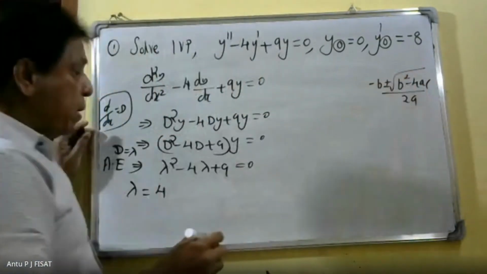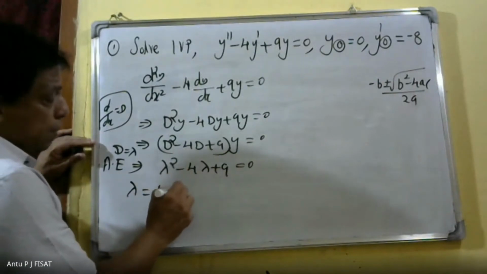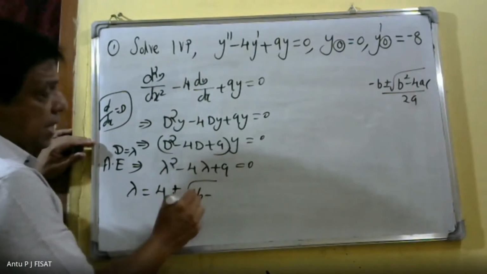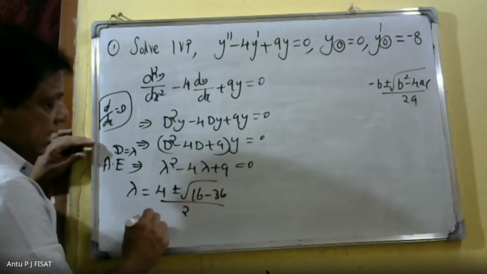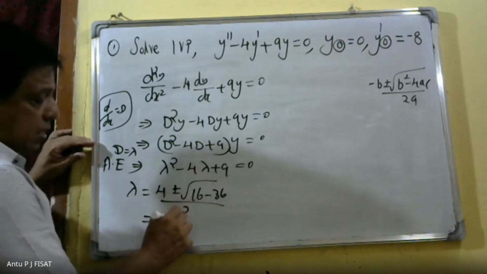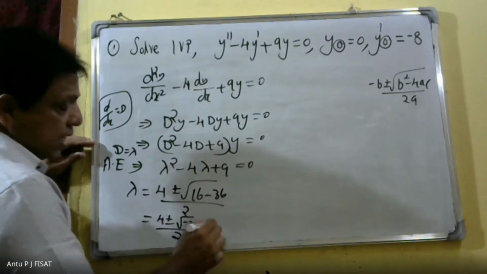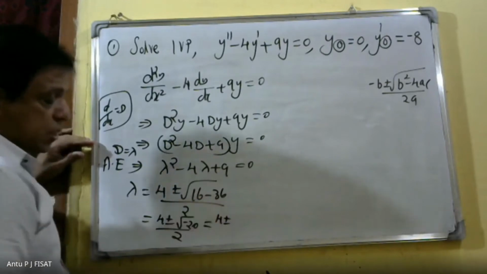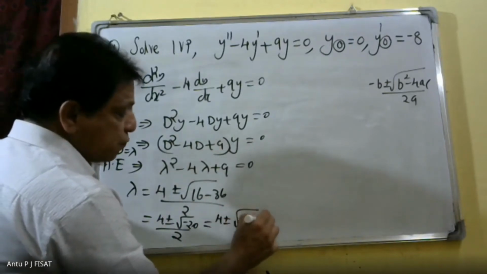By using this formula, we get 4 plus or minus root of 16 minus 36, divided by 2. That is 4 plus or minus root of minus 20 by 2. Root of minus 20 can be written as root of 4 into minus 5.